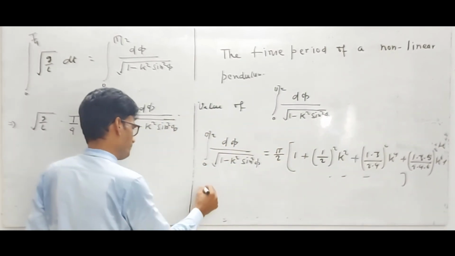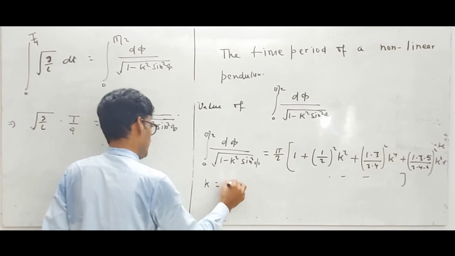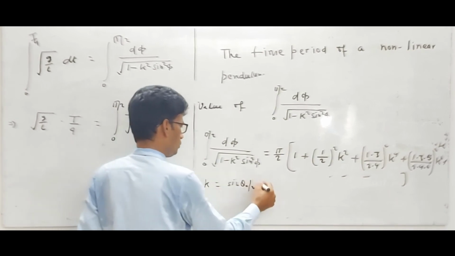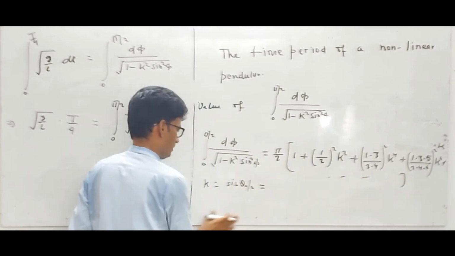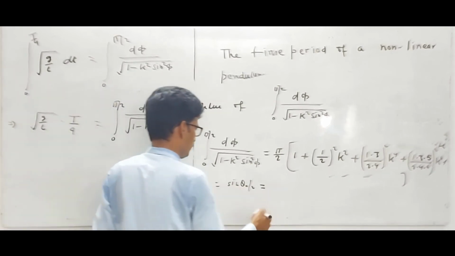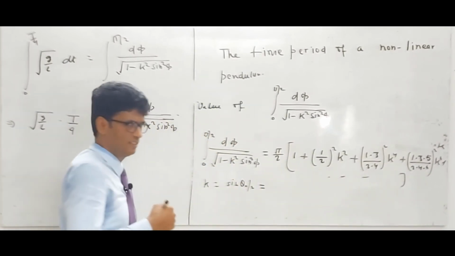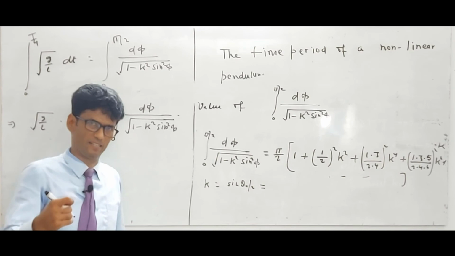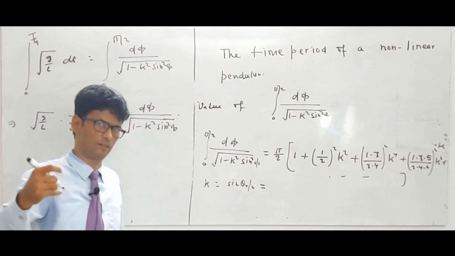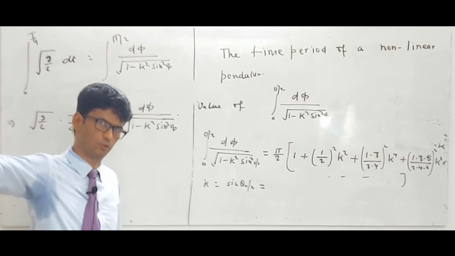Now what is k? k is sine theta naught by 2. Now we use the Taylor series expansion of the sine function. We all know the expansion of sine theta is equal to theta minus theta cube over factorial 3 plus theta to the 5 over factorial 5 minus plus, and so on and so forth.